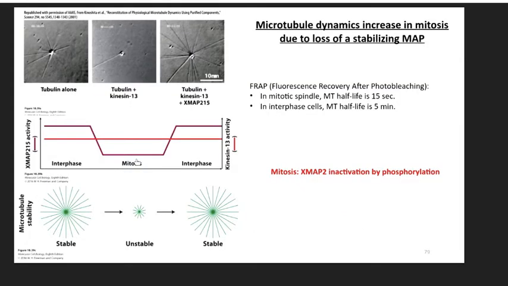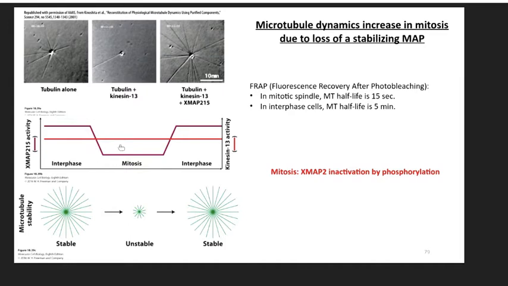Okay, so here we can see that although kinesin 13 activity, which is involved with depolymerization of the microtubule, is constant throughout, the XMAP 215 activity, which is a specific example of MAP proteins or microtubule associated proteins, helps in the polymerization or stabilization of the plus end. So XMAP 215 activity is high during the interphase but low during the mitosis.